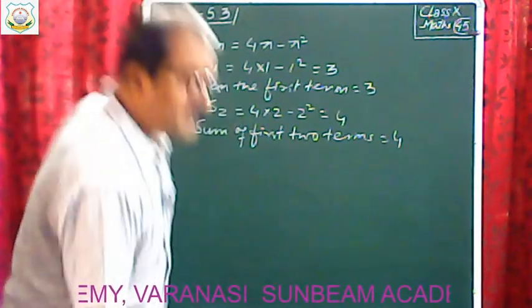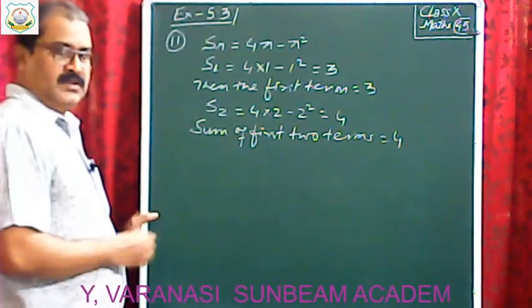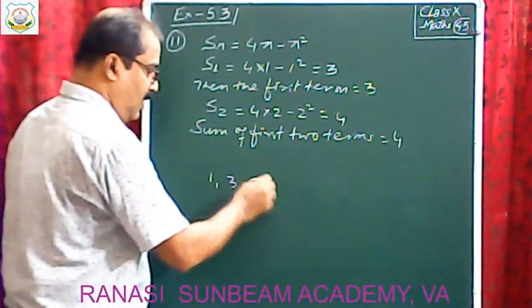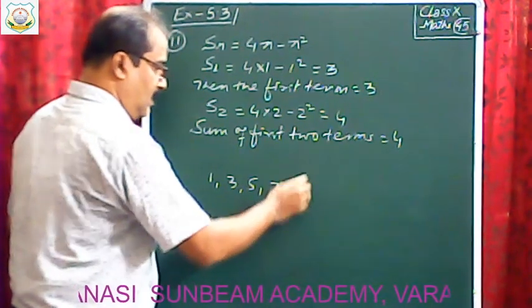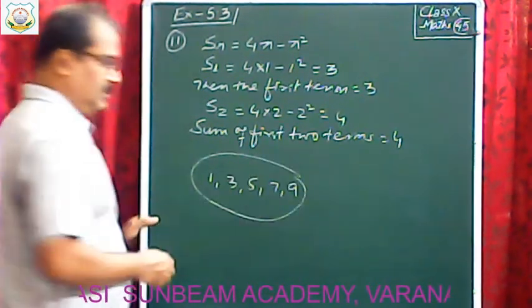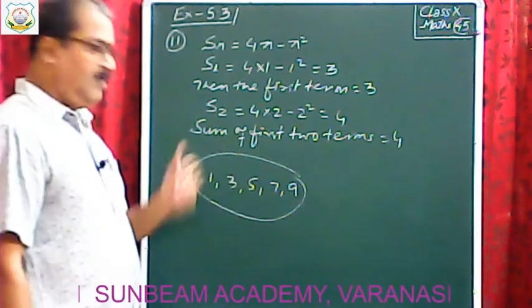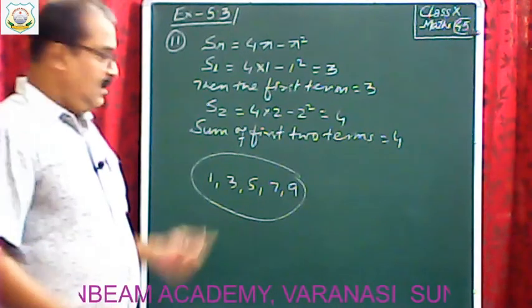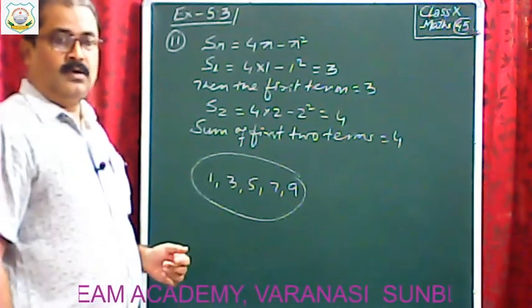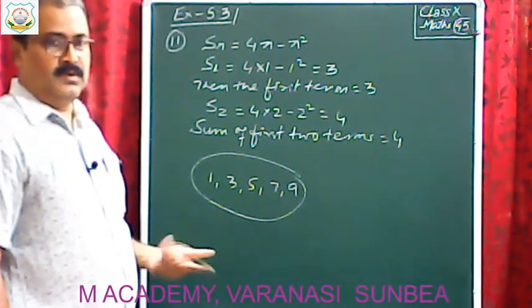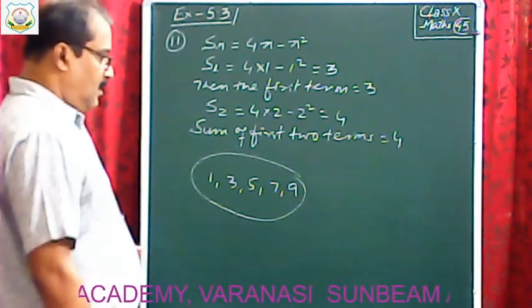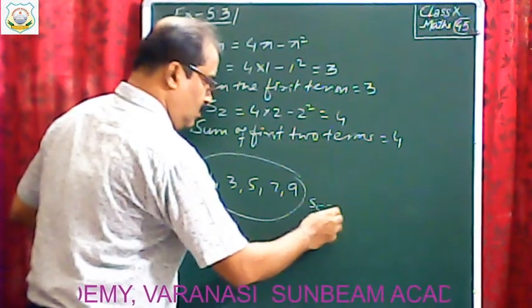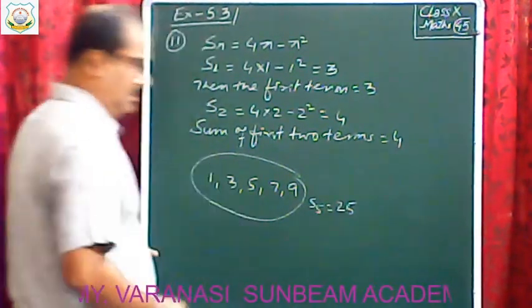How to find the second term? Again, an illustration. Let's see. AP 1, 3, 5, 7, 9. How many terms are there? 5 terms. So the sum of all 5 terms equals what? The sum of first n odd natural numbers is equal to n square, isn't it? So S5 equal to 25, 5 square.